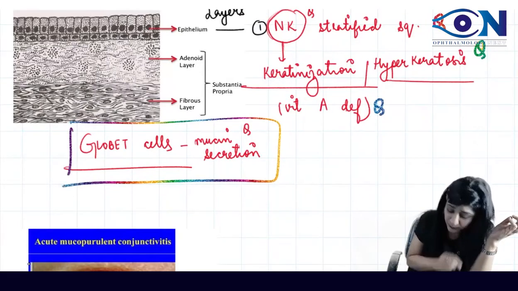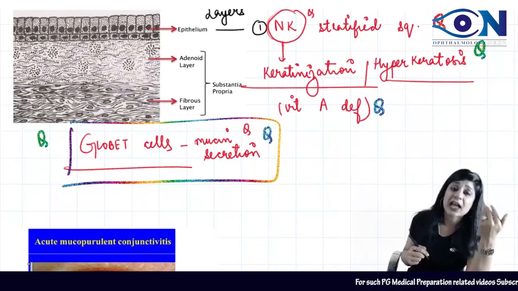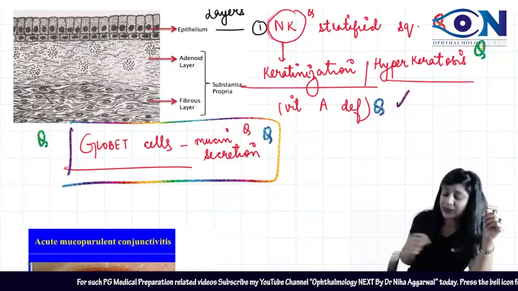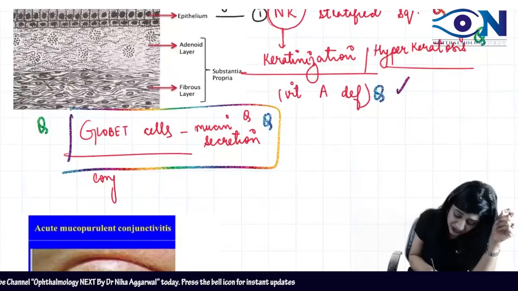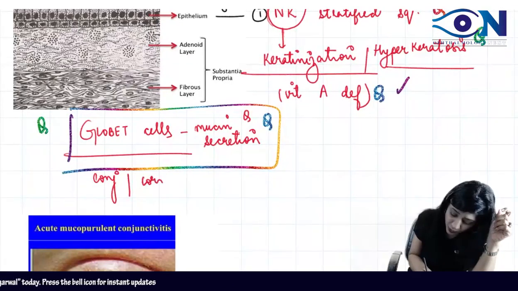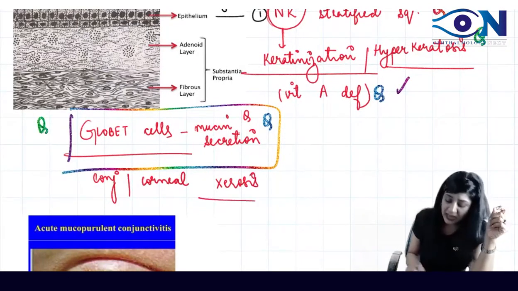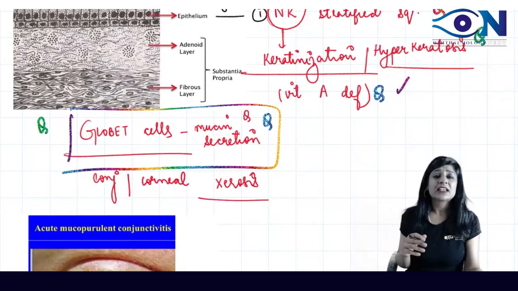Because whenever we have a problem with the goblet cells or vitamin A deficiency, we will have conjunctival as well as corneal xerosis. Xerosis means drying.